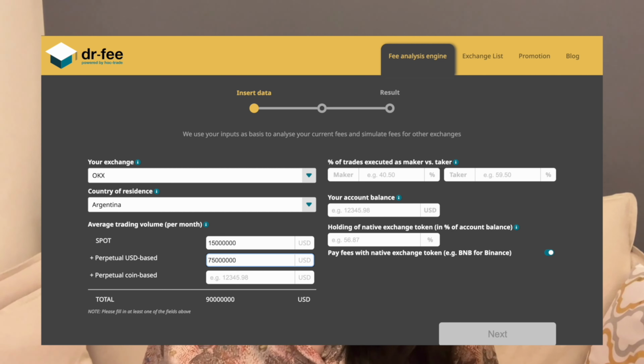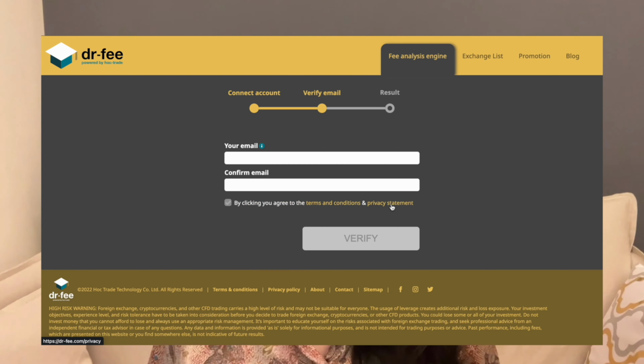Let's say the trader has 50% maker and 50% taker trades, has 150,000 US dollar balance, and will be willing to hold 10% of the balance in the native exchange token, such as OKB for OKX or BNB for Binance. Moreover, the trader will be willing to pay the fees with the native exchange token. Let's click Next, and I'll skip the email part here for you.